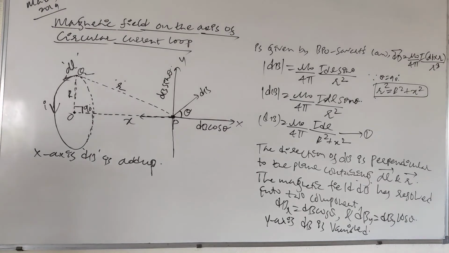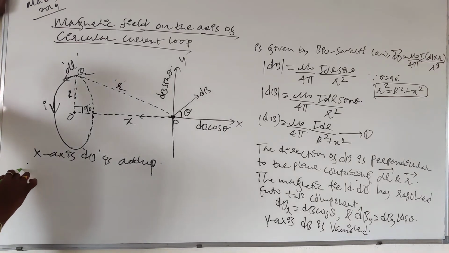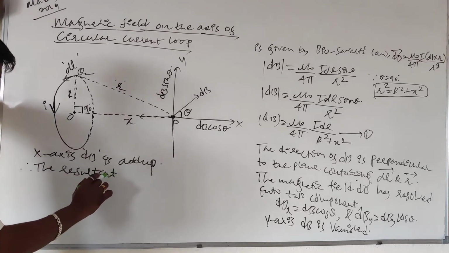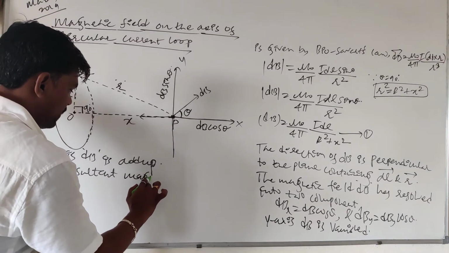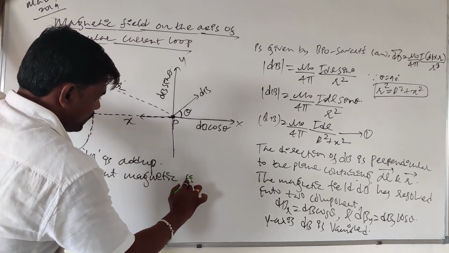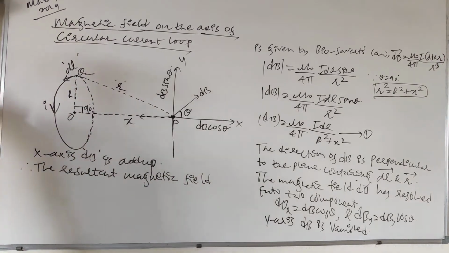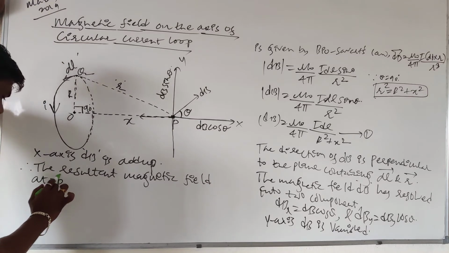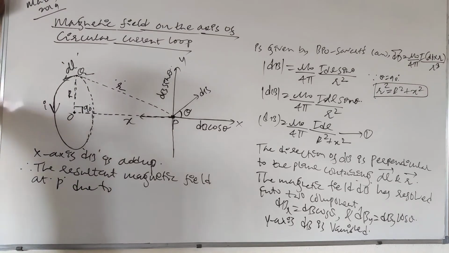Right, got it. So then here, therefore the resultant magnetic field at P due to one turn of the coil.